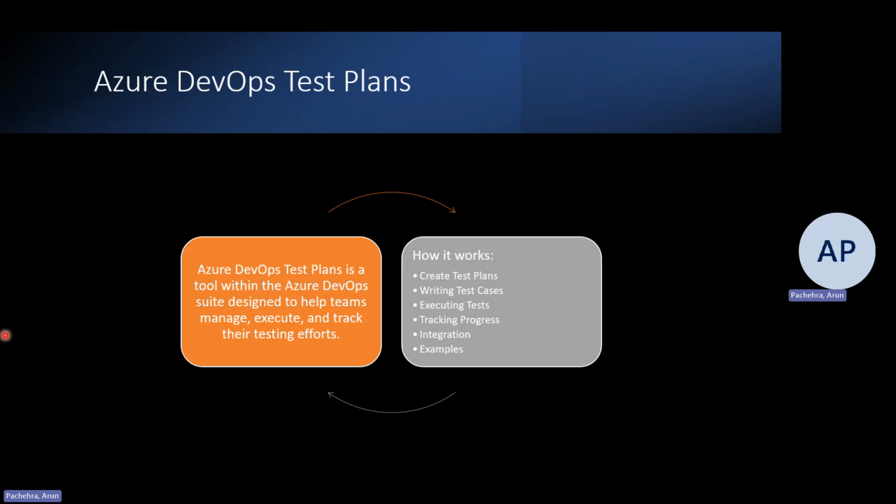For example, one test plan might be for testing the search functionality, another one for user registration, and maybe one for the checkout process. For all the different modules of the application or the different tasks that the application does, we can have different test plans for each one of the functionalities of that particular application.